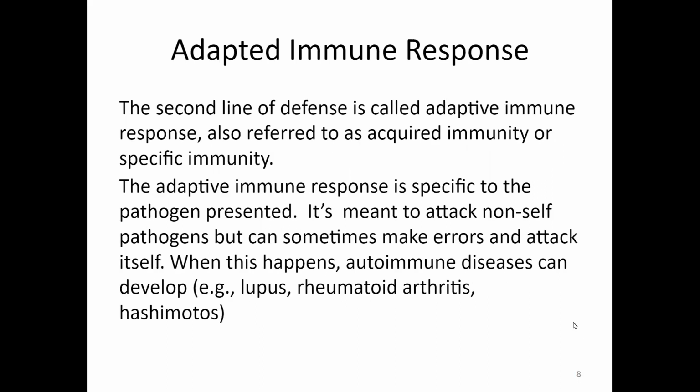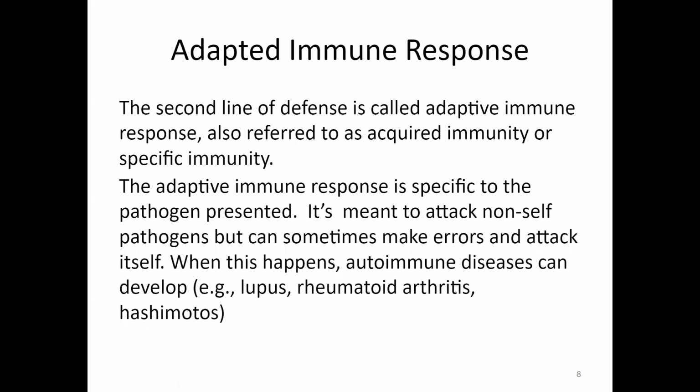Then we have a secondary defense called the adaptive immune response. This is referred to as acquired or specific immunity. The adaptive response is specific to the pathogen presented, so it's meant to attack non-self pathogens, like external things that are coming in.